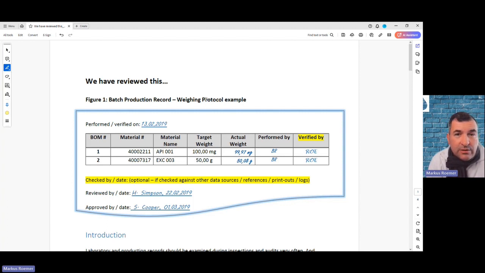What also happened to me when I was doing such audits is that I once got a weighing protocol, and I had 17 signatures on one single page. The quantity of signatures does not need to correlate with the correct information that is provided. Basically, in our industry, we very often give a lot of signatures.